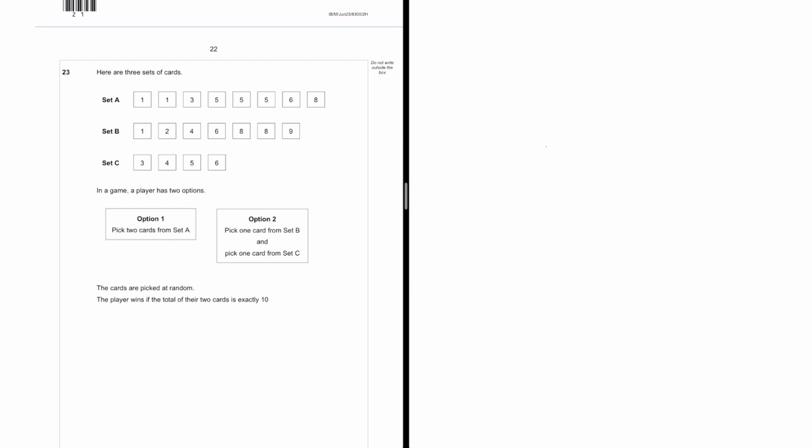So the probability of drawing that first 5 from set A, well, there are 3 5s and there are 8 cards. So the probability of a 10 from A on the first go is equal to 3/8.